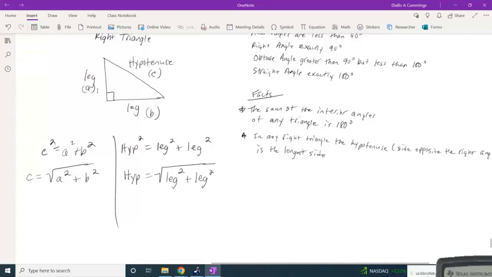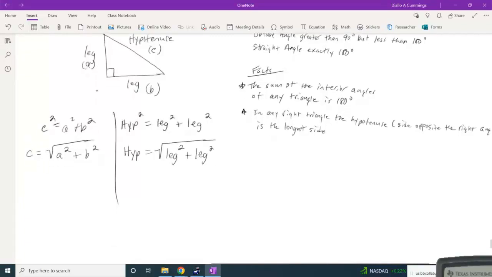So now if I'm trying to find A, it is going to equal the square root of C squared minus B squared. If I'm trying to find B, B is going to equal the square root of C squared minus A squared.